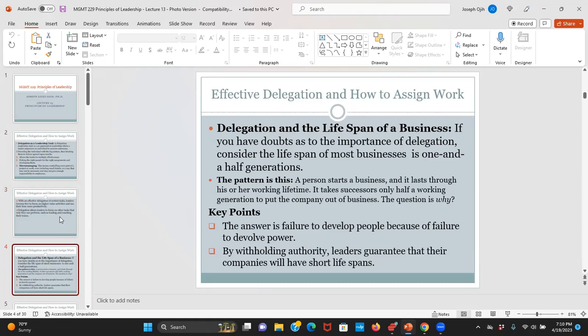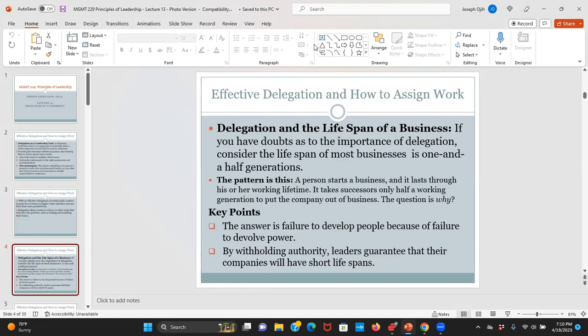Anybody that is doubting the importance of delegation, I recommend that the person consider the lifespan of many businesses in America. Many of them were started one and a half generations ago.